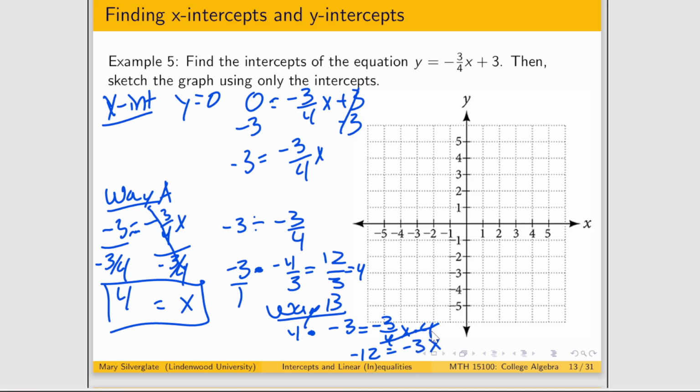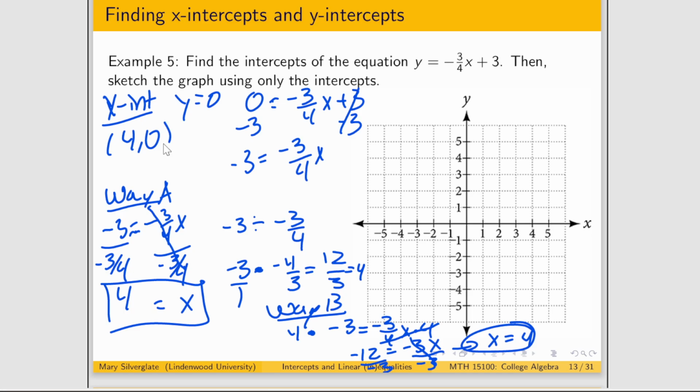Then I want to undo multiplying by negative 3 by dividing by negative 3. Negative 3 divided by negative 3 is 1. Negative 12 divided by negative 3 gets me positive 4, which, if you'll notice, is really just a 2-step way of doing exactly this multiplying by the reciprocal process. And that's just a way to keep yourself straight if you're not as comfortable with fractions.